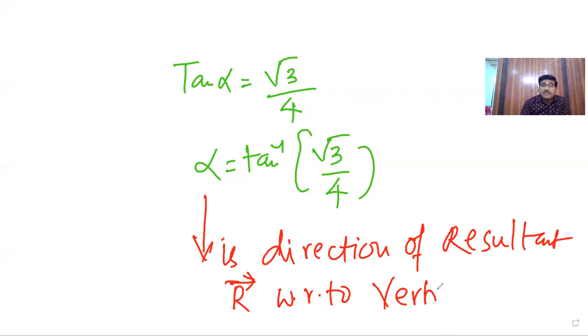The vertical, that is A. Earlier we got tan inverse of a negative value, and that was with respect to B. Now it is with respect to A. Is it clear? Hope you have understood this problem.